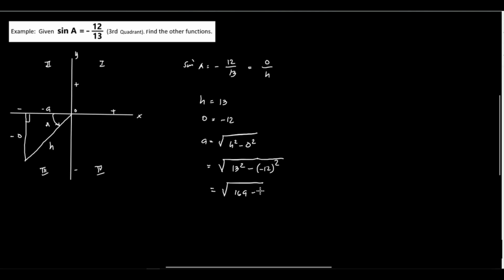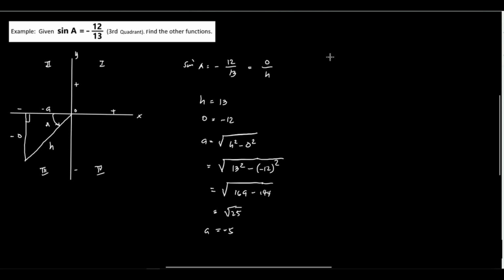So 12 times 12, that's 144. And 169 minus 144, that's the square root of 25. And the square root of 25, A is equal to 5. Therefore, the adjacent side is 5, and that's negative. So therefore, this is negative 5.